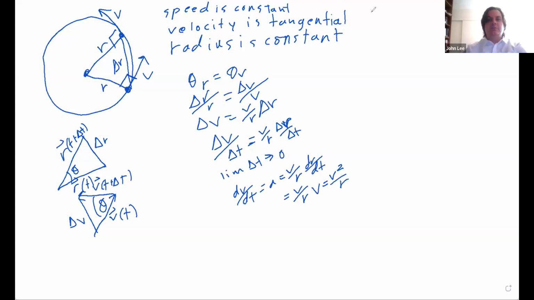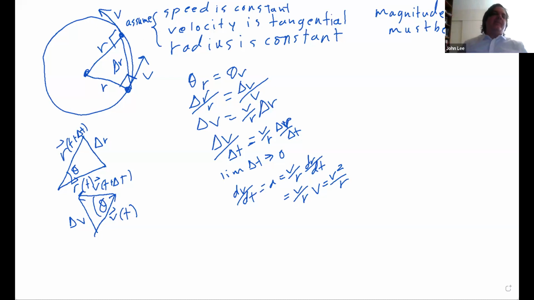So the magnitude of the acceleration, in order for these assumptions to be true, the magnitude of a must be v squared over r.